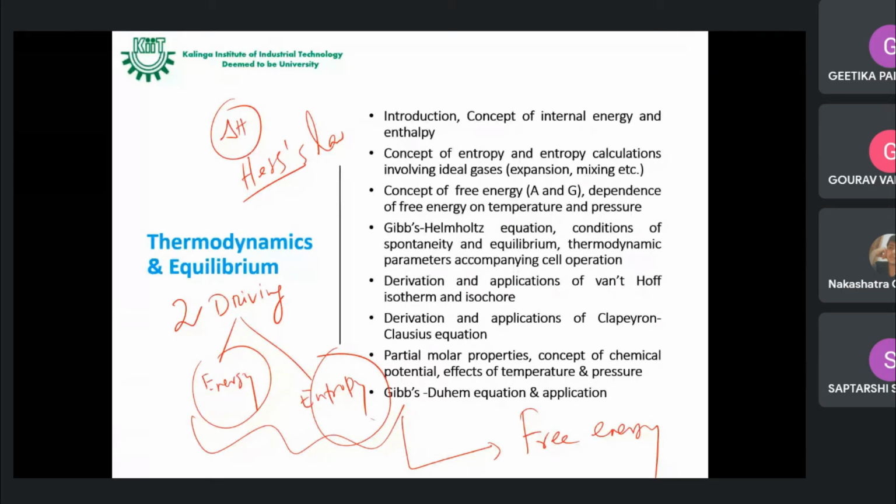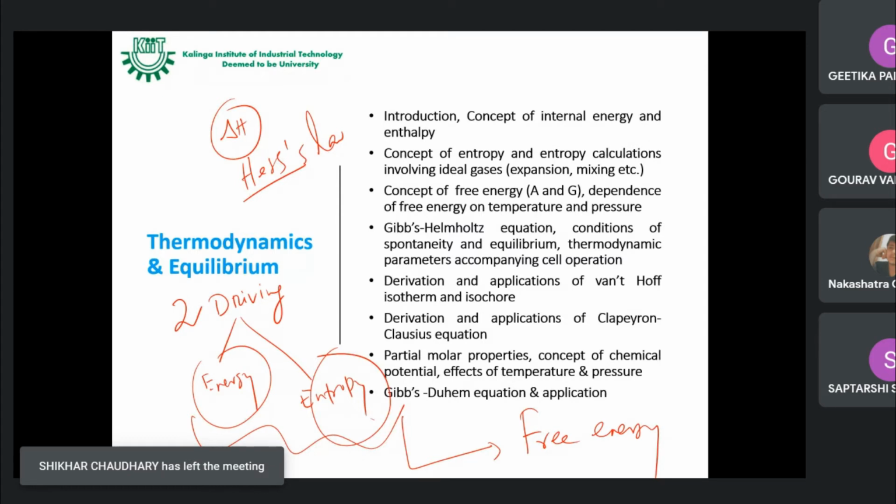And when you come to free energy, in real conditions this free energy term is identified as chemical potential. In ideal conditions we say free energy, but in real conditions it is identified as chemical potential. So that transformation we are going to look at towards the end of the topic: what is chemical potential, and what is the difference or transformation of free energy to chemical potential?